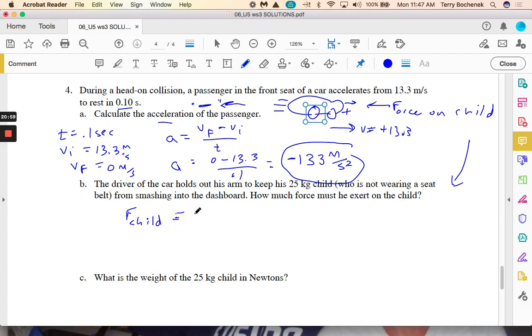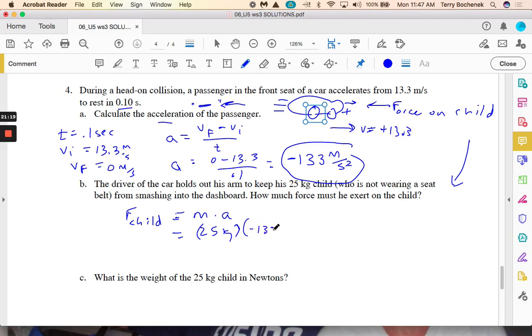So if that's our acceleration, the force on the child that we have to try to produce would be the mass of the child times the acceleration of the child. And if this child is a 25 kilogram child, about 55 pounds, pretty big kid to hold on your lap, I suppose, if you're driving in the car, but you know, people do weird things sometimes.